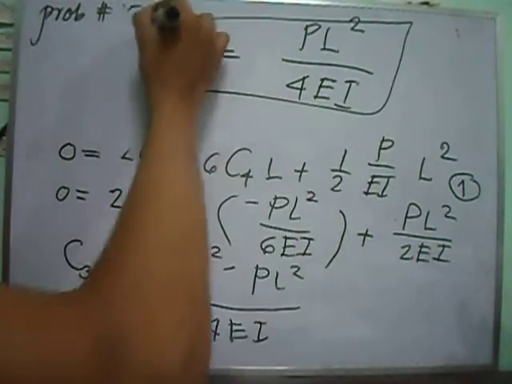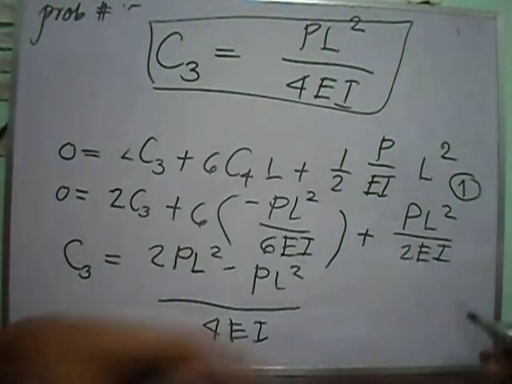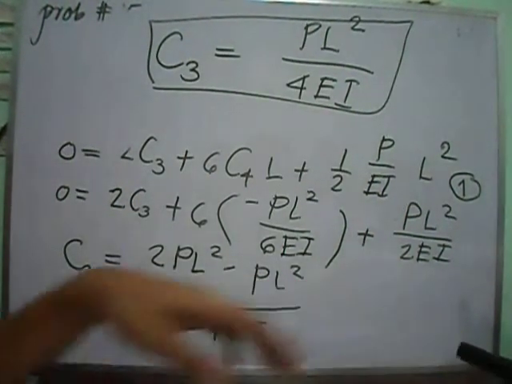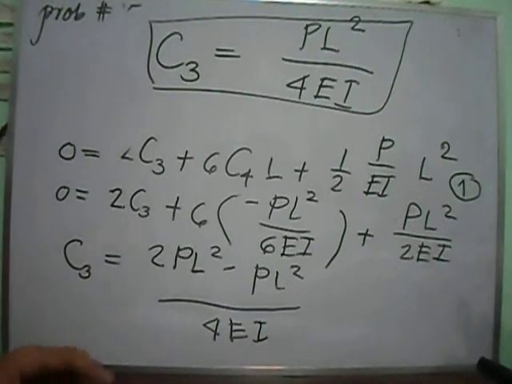Now we have the values of the 4 unknowns in our solution for the given differential equation of fourth order.